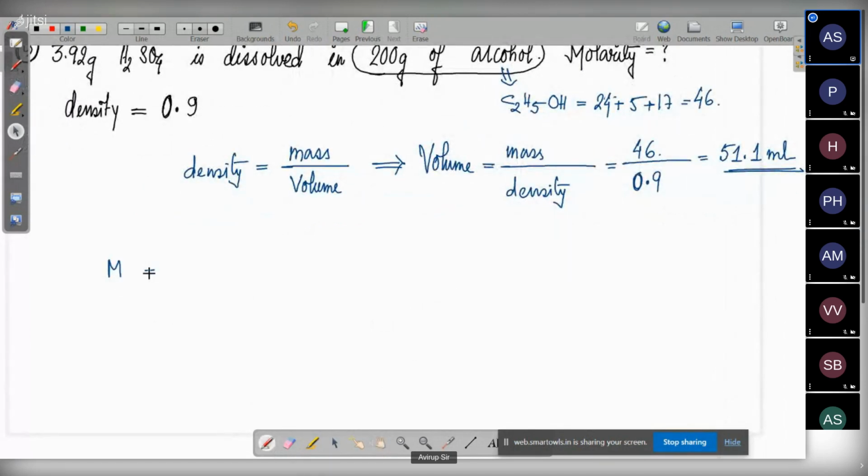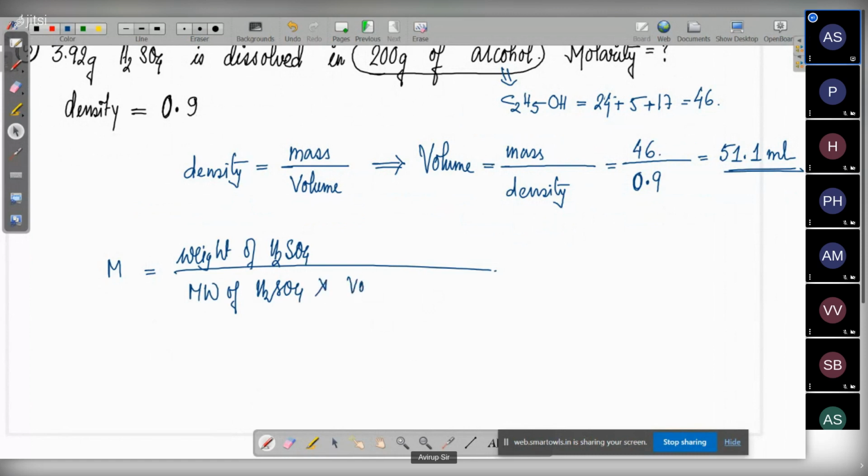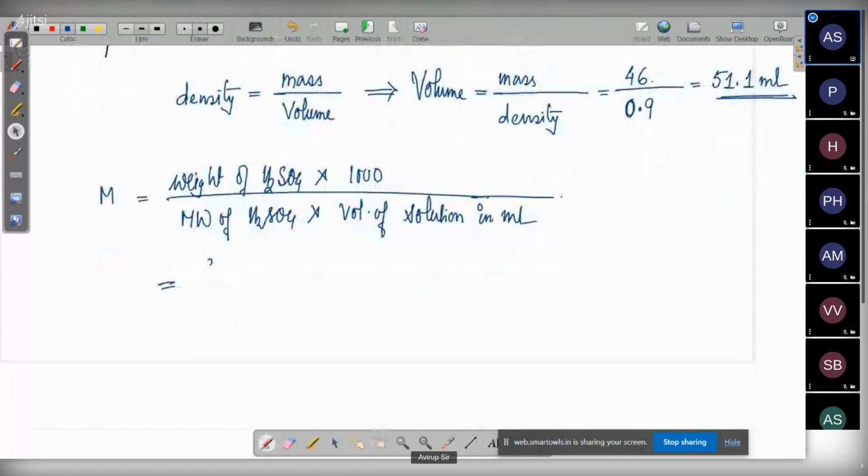Molarity is equal to weight of H2SO4 divided by molecular weight of H2SO4 into volume of solution in milliliter, and into 1000.